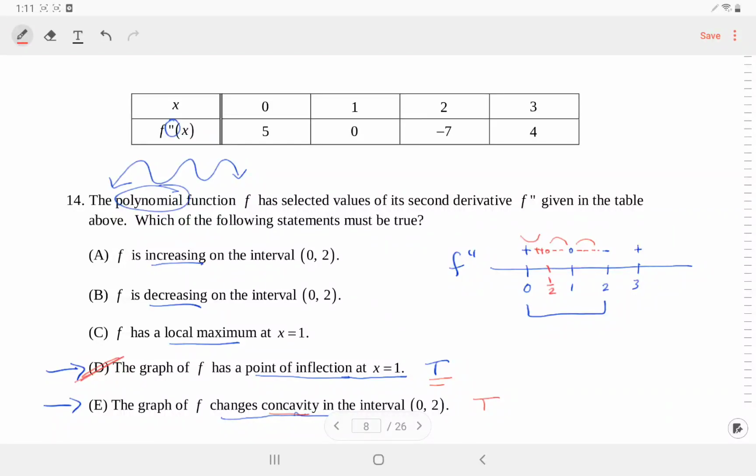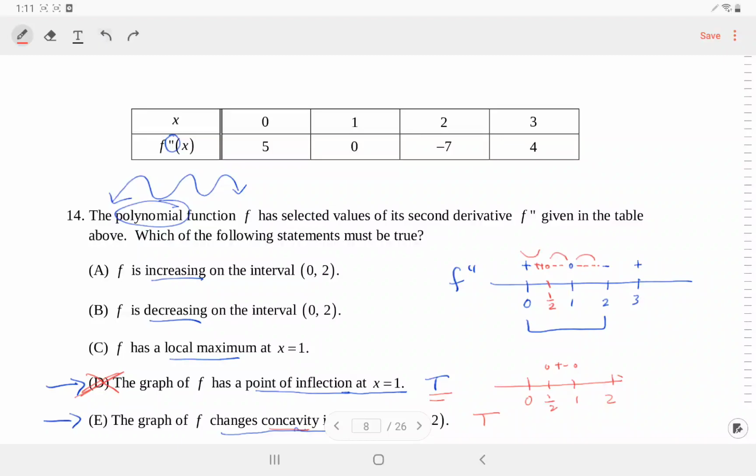So 1 would not be a point of inflection. So that is a counterexample. So let's see, 0, 1/2, 0, plus, plus. Oops, we said that was going to be minus, minus. Okay, we're going to have minus, minus, minus, minus, minus, minus, minus, minus, and then plus, plus, plus. So there is my counterexample for D.